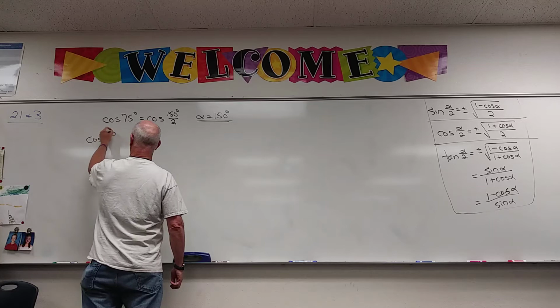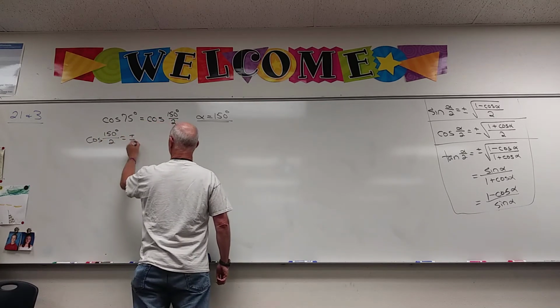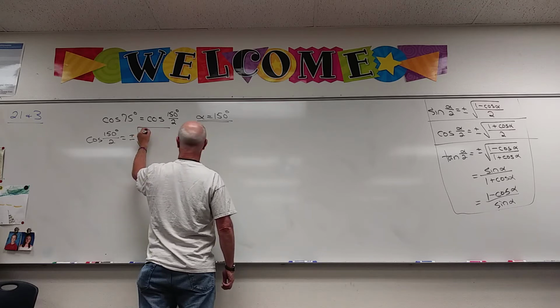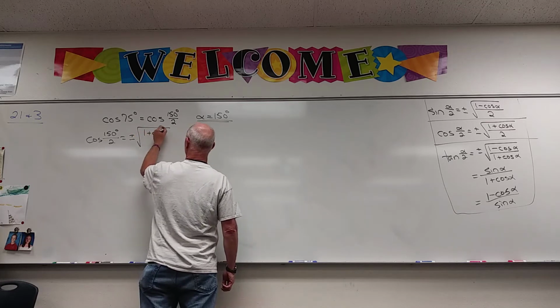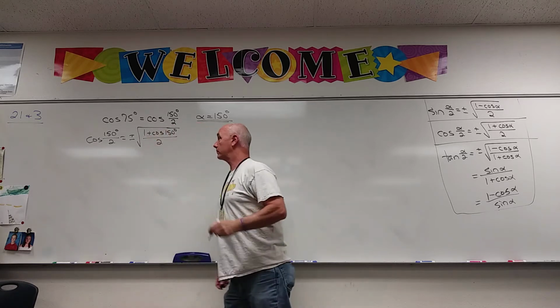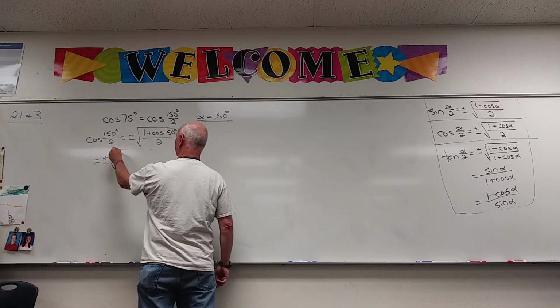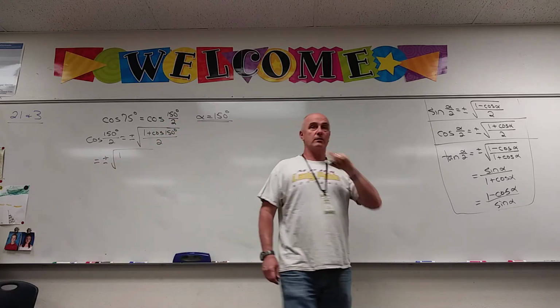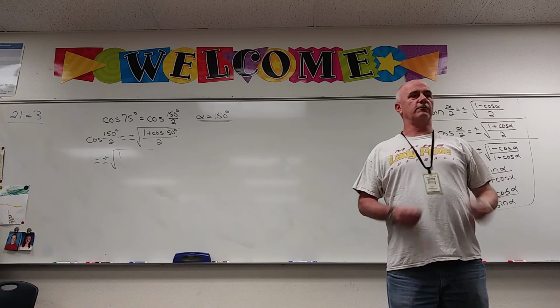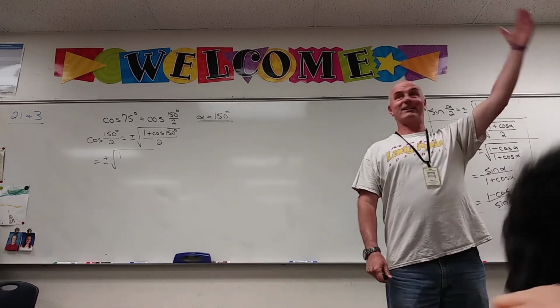Here we go. Cosine of 150 degrees over 2 is equal to plus or minus the square root of 1 plus the cosine of 150 degrees, over 2, which is equal to plus or minus the square root of 1. So what is the cosine of 150 degrees?